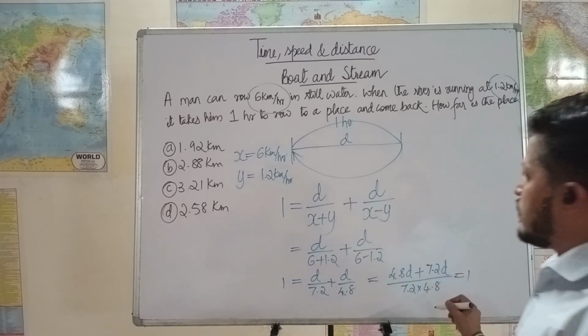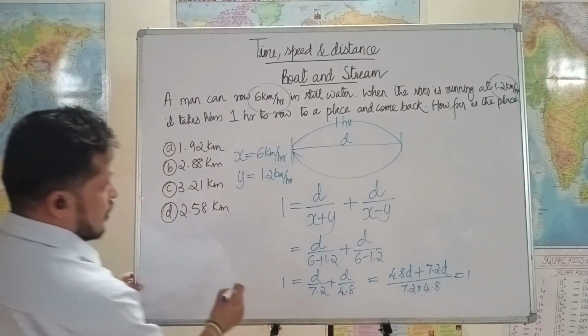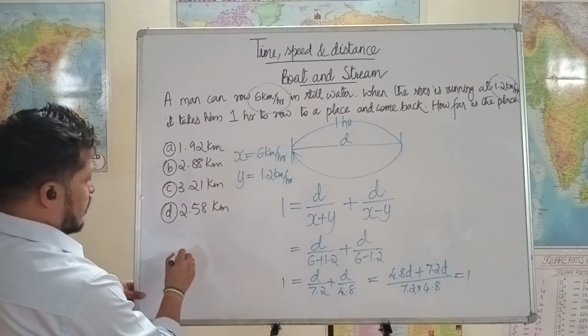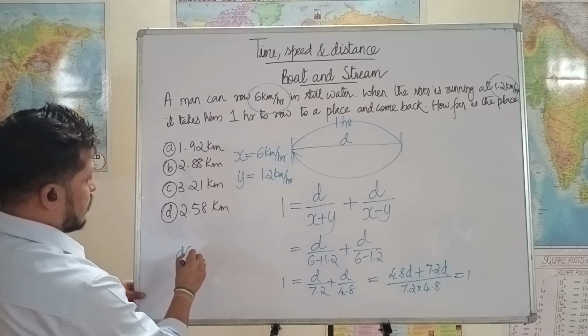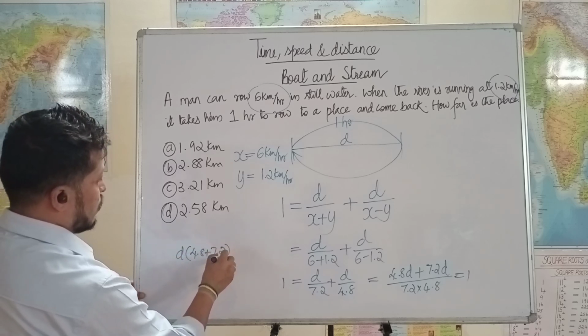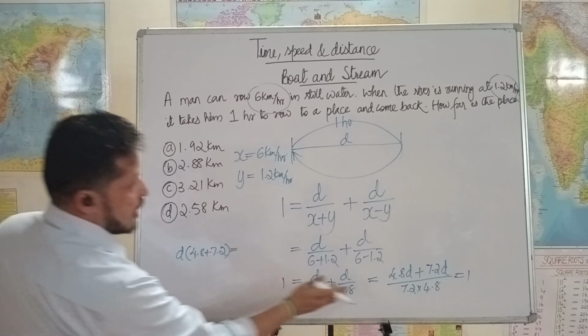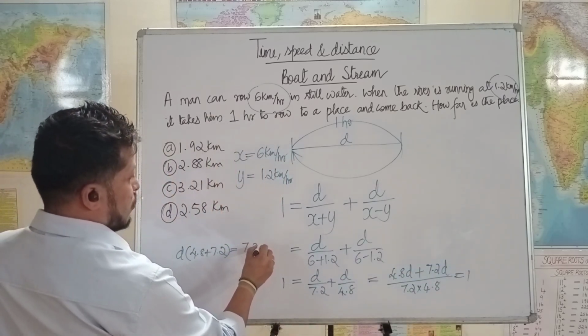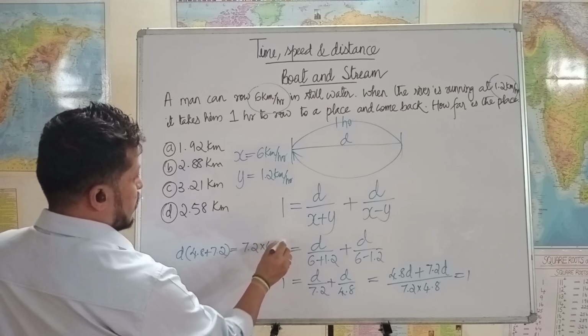So that means what? That means, let's take d out. If you take d common, we have d times 4.8 plus 7.2 is equal to, I'll take this to the numerator there, 7.2 into 4.8.